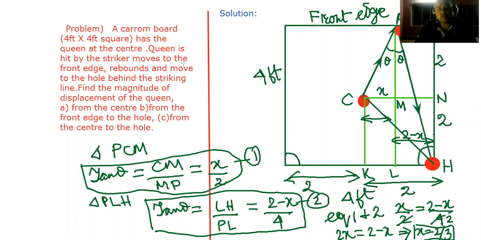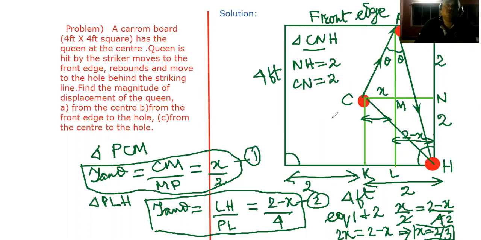So what will be the value of CH? It is, children, quite easy now. The value of center to the hole will be nothing but CH. So we can write from triangle CNH. If I consider triangle CNH over here, you can easily see that NH is equal to 2, and CN is also equal to 2.